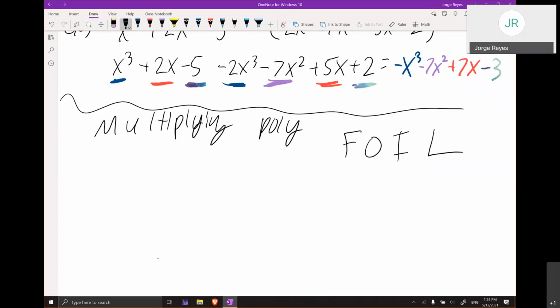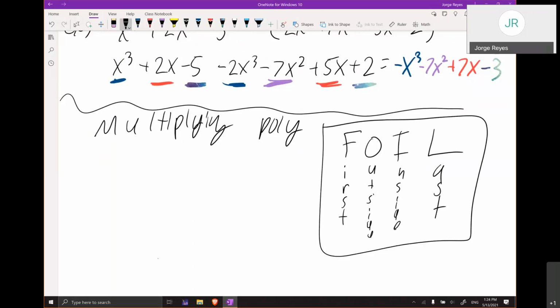FOIL is an acronym that stands for first, outside, inside, last. Okay, this is the secret. This is how we multiply polynomials, or at least this is the secret to multiplying binomials. Okay, which is what we're gonna be dealing with all the time.